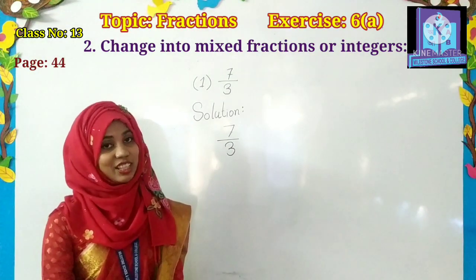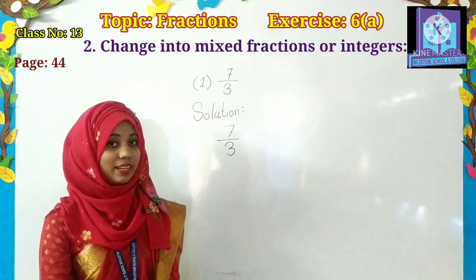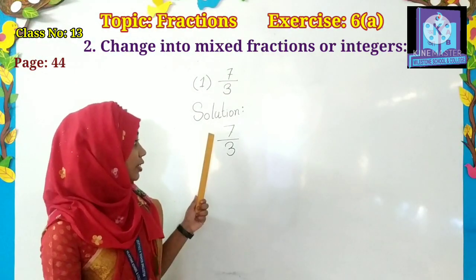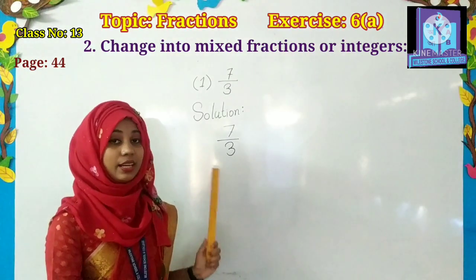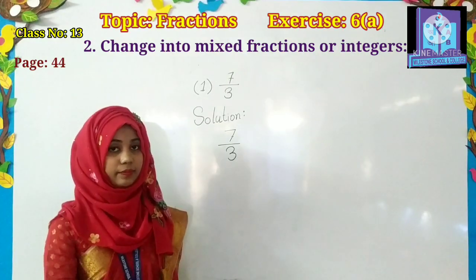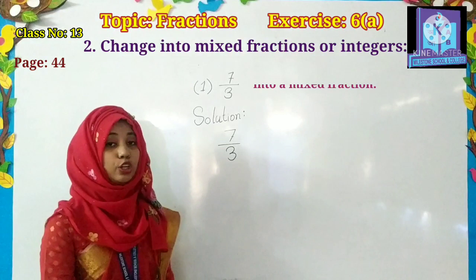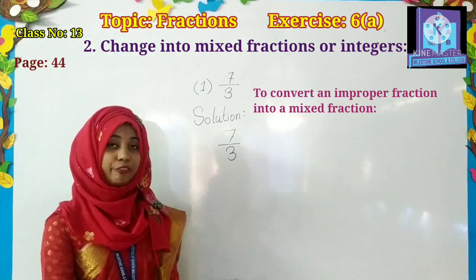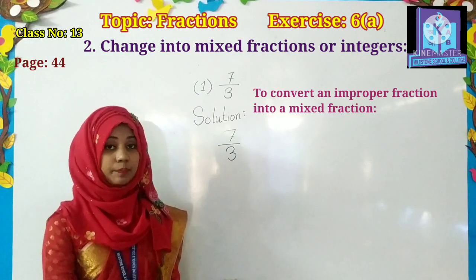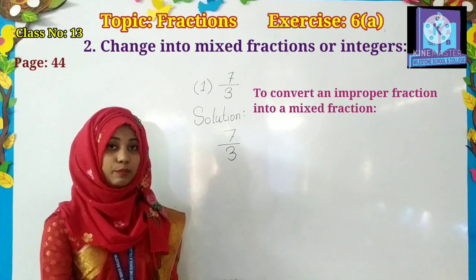Yes, improper fraction. Why? Because numerator is greater than denominator. Here 7 is greater than 3. To convert an improper fraction into a mixed fraction, here are some rules.